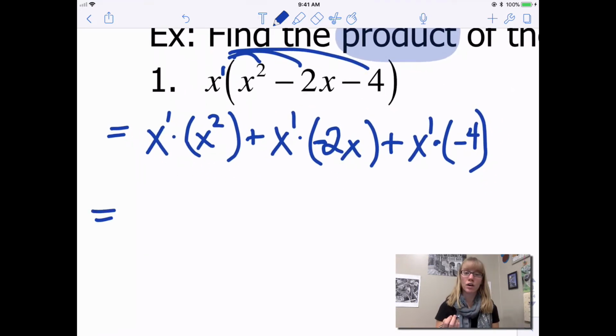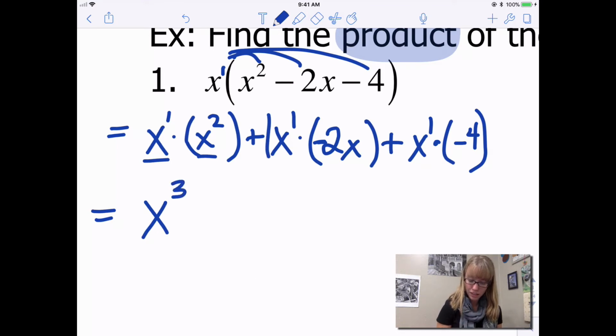Now we have to think about our first lesson of the factor chapter, which says when you have 2 powers multiplied by each other, if they have the same base, like x and x, I can add their powers. So x to the first times x squared is x to the third. Then when I multiply that second piece, I have a 1 times a negative 2, which is negative 2, and then x to the first times x to the first is x squared.